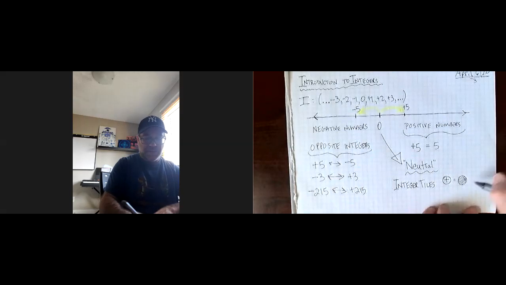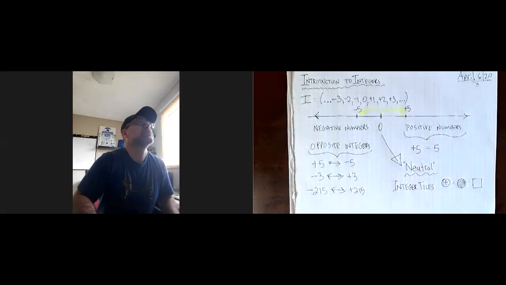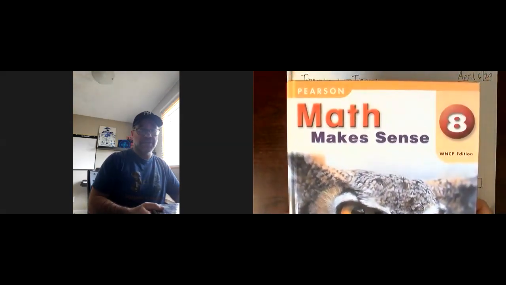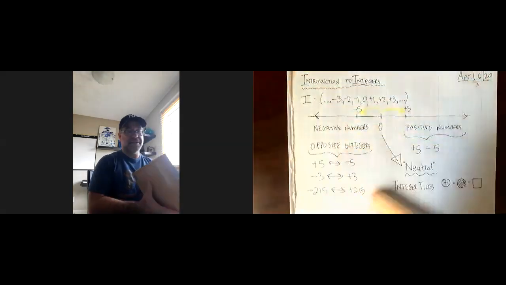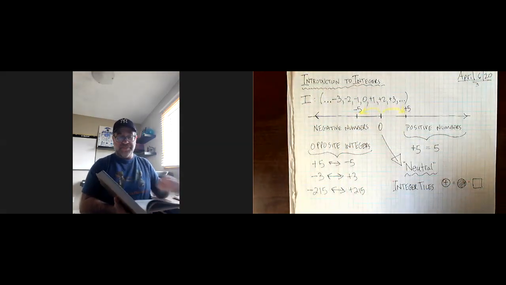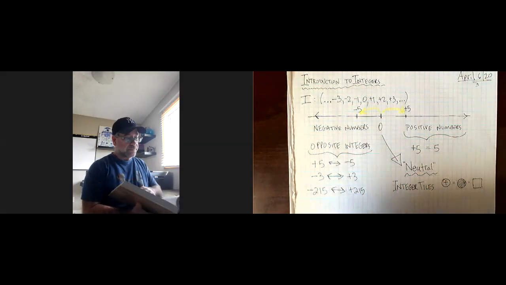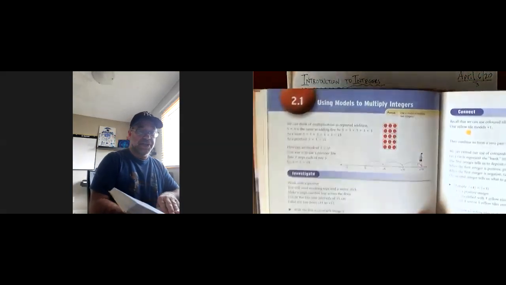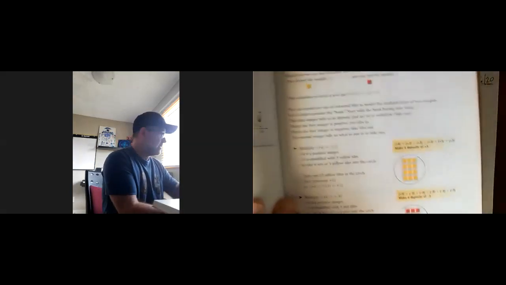Sometimes it's a certain color. In our textbook that we use at school, the Math Makes Sense textbook, if you head over to chapter 2, it uses these tiles.